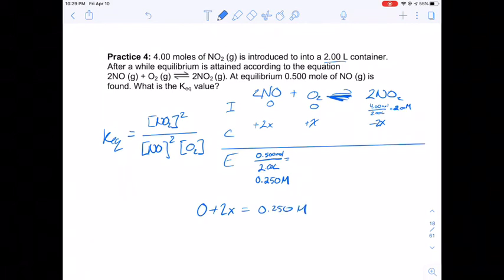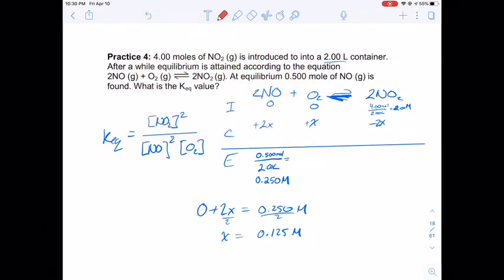That's the change that we observed. So then what is the value of x? Well, x must be equal to 0.125 molarities. If you need some proof of that, you're going to divide by 2. The 0 you can ignore, and then you're going to get the x.